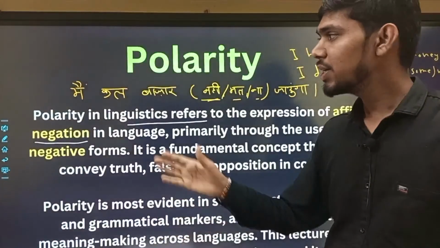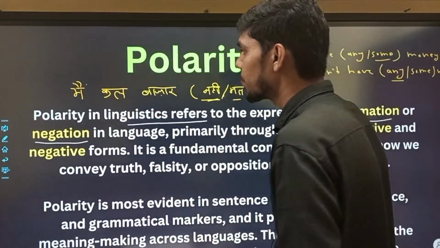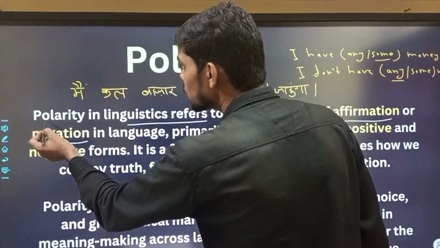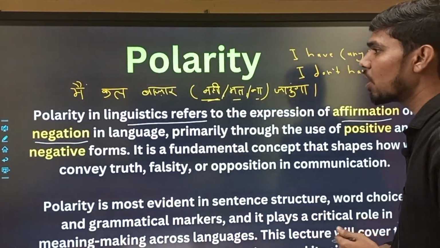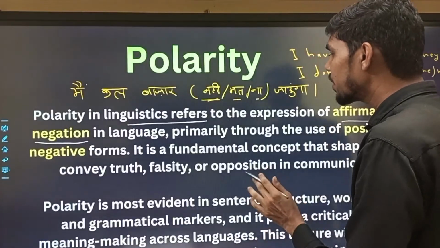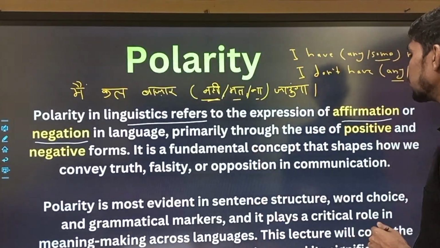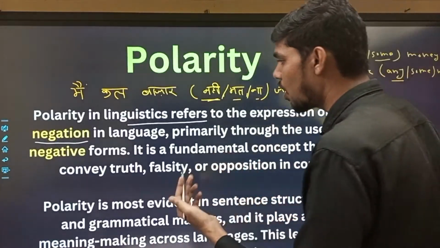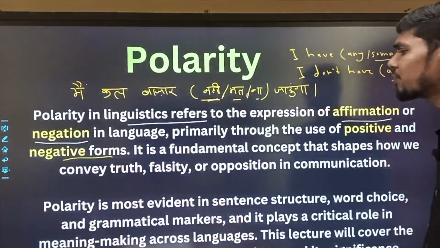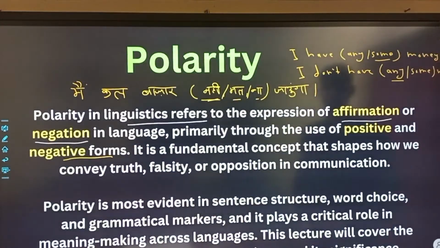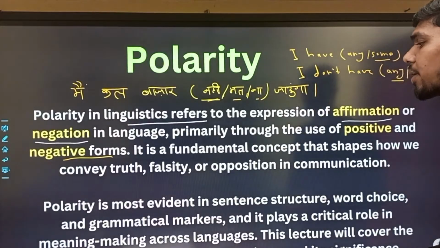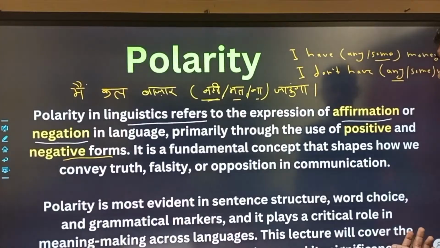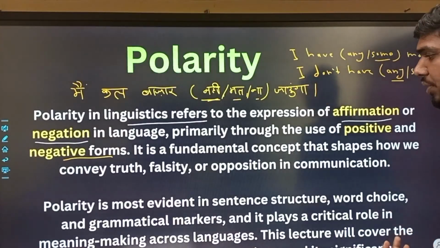Let's discuss what is written here. Polarity in linguistics refers to the expression of affirmation or negation in language, primarily through the use of positive and negative forms. It is a fundamental concept that shapes how we convey truth, falsity, and opposition in communication.